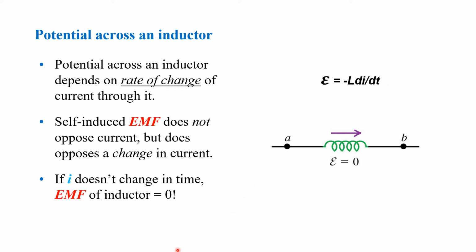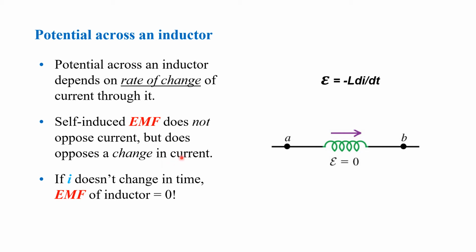Again, it is important to take note that it does not oppose the current, but opposes the change in the current. If you remember, the circuit component that opposes the current is the resistor. It's different with the inductor, because the inductor opposes the change in the current.